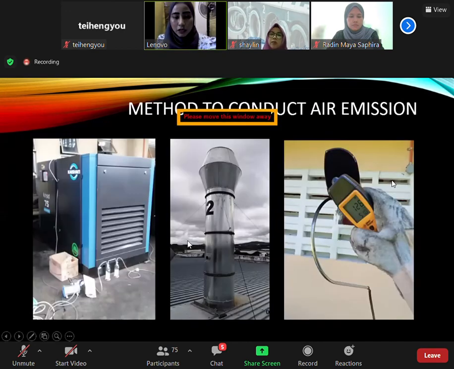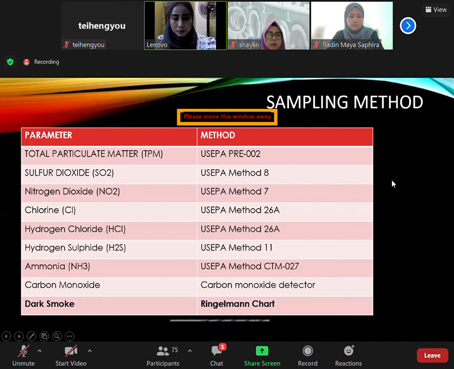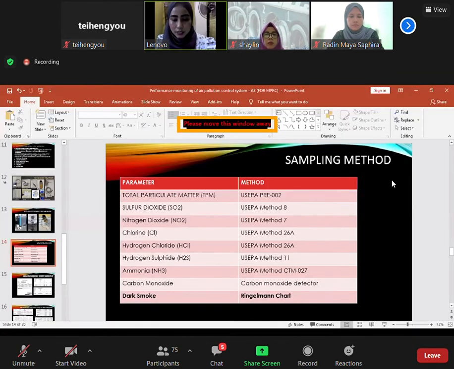Okay, macam method US EPA ni kita boleh refer. Okay, macam ni contoh method dia. Yang ni method US EPA method 8 untuk dapatkan bacaan sulfur dioxide emission from quaternary source. So daripada sinilah method ni kita follow lah. Apa yang dia kena buat semua.